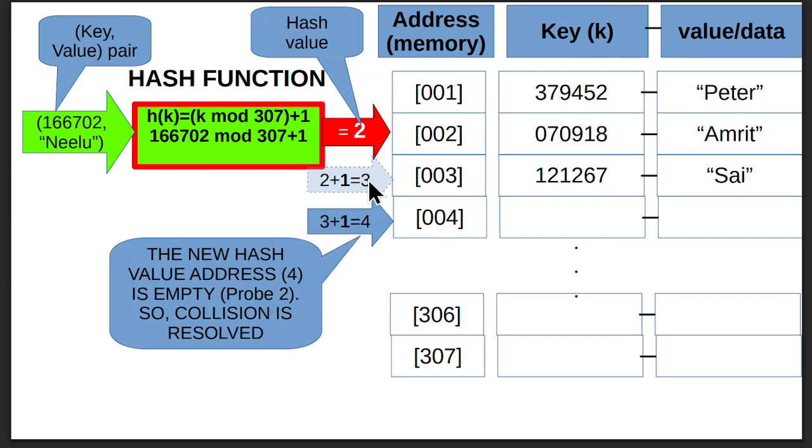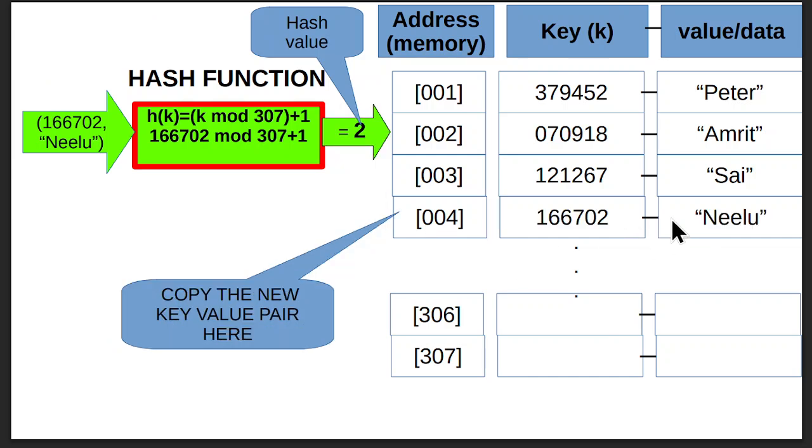There was a collision, so I added 1 to generate a new address, which is 4, and I send my second probe to that slot. Now we see that the probe has succeeded, because this slot is empty. So now I can insert this key value pair here, and that resolves the collision.